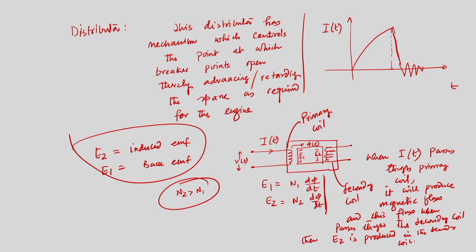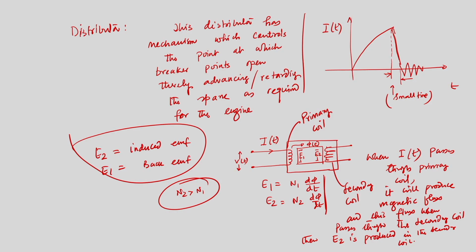Within a very small time, the moment the breaker points open, the flow of current will try to be 0. That means there will be a sudden change in the slope within a very small time period. That is what we have understood from this schematic.